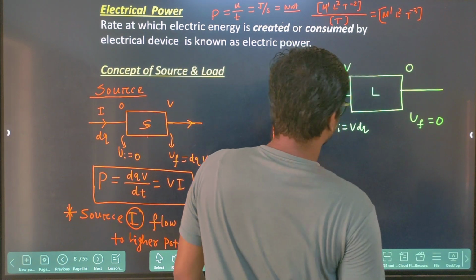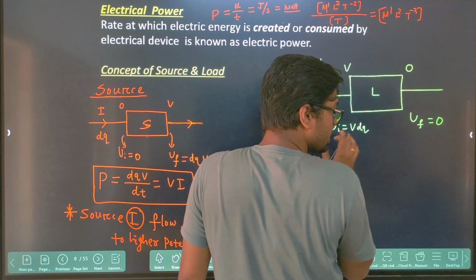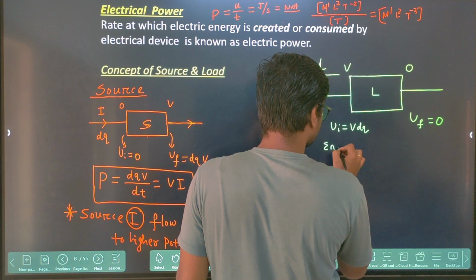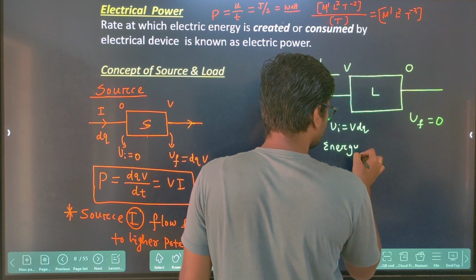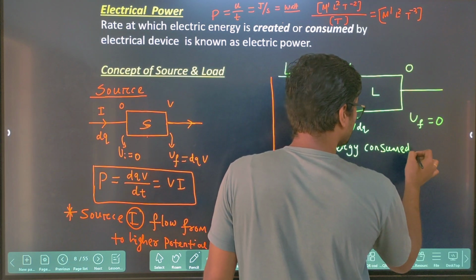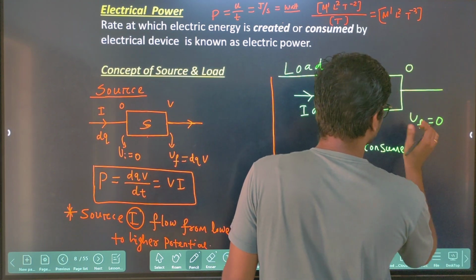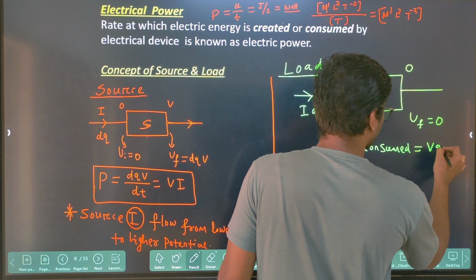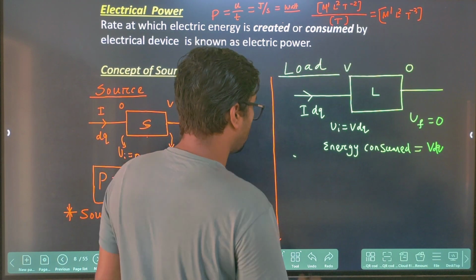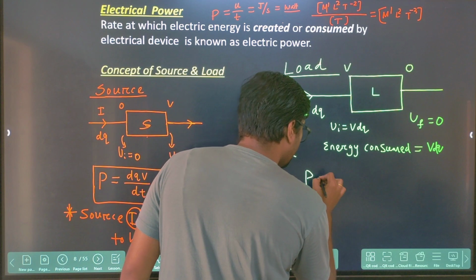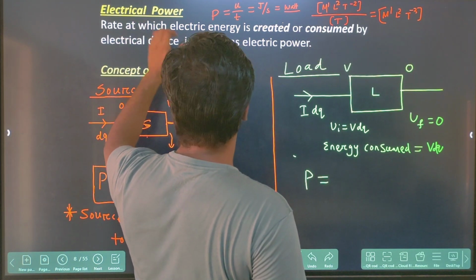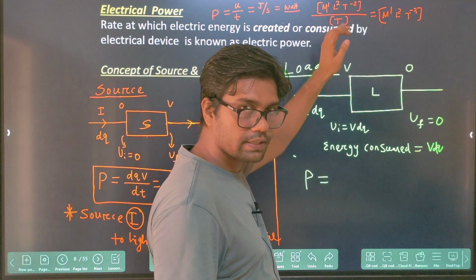Okay. So now can you tell me how much energy is consumed? Energy consumed is equal to V dq amount of energy. Clear? Now power can be written as energy consumed per unit time or rate of energy consumed.